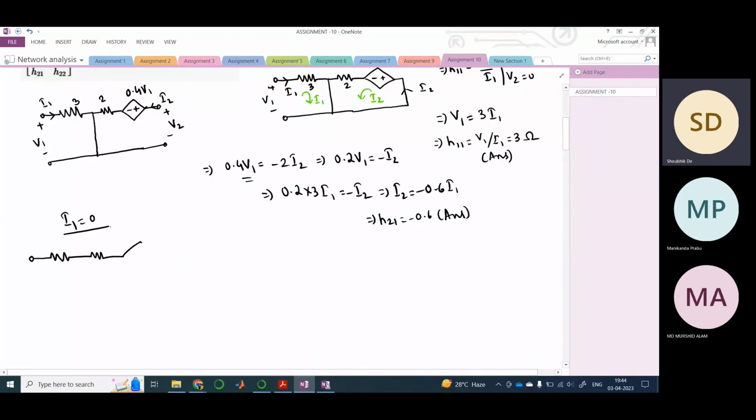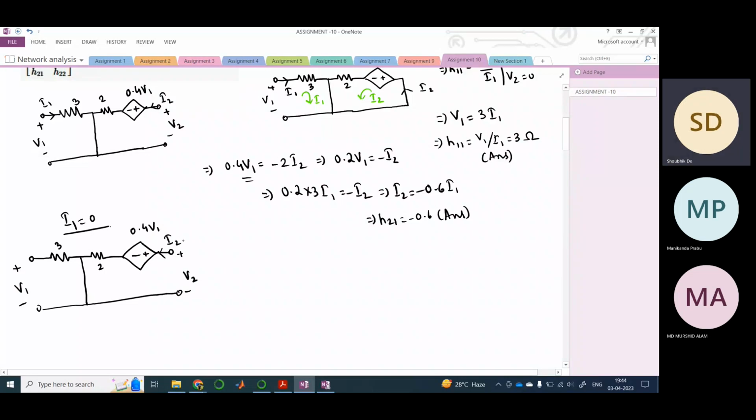There is a resistance. We will try to solve it both ways, okay? And then verify, Manikananda, for your convenience. So this is 0.4 V1, this is V2, this is 2, this is 3, and see, I1 is 0. That doesn't mean that V1 is 0, right? Because there is a dependent source here. So therefore V1 can't be 0. You just can't write V1 equals to 0.